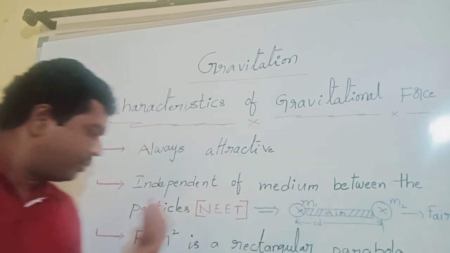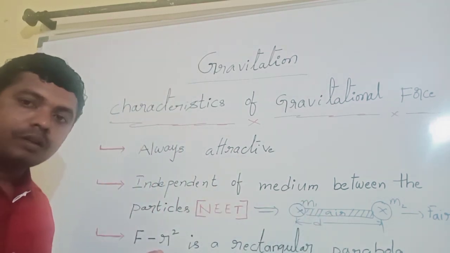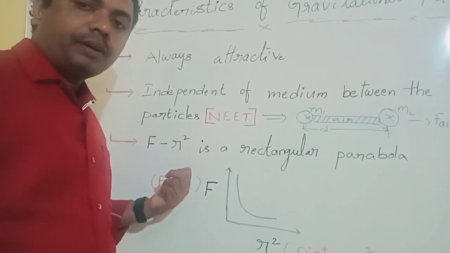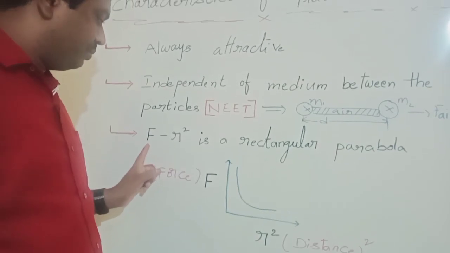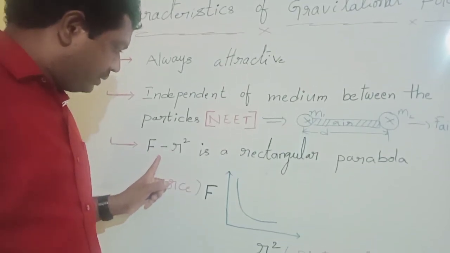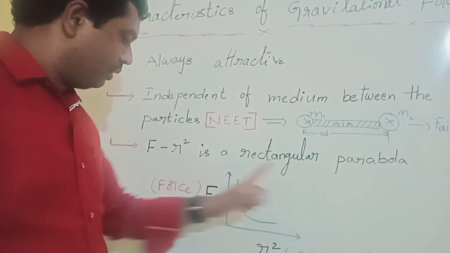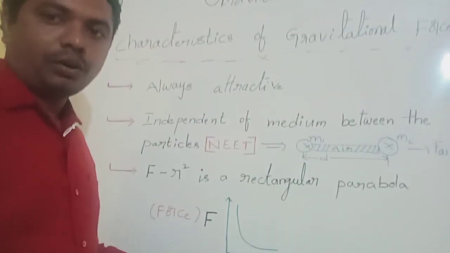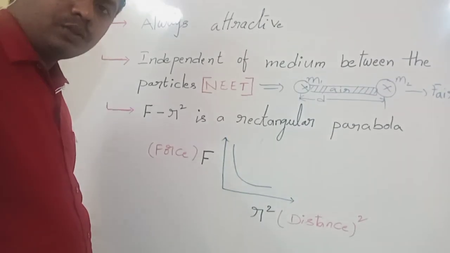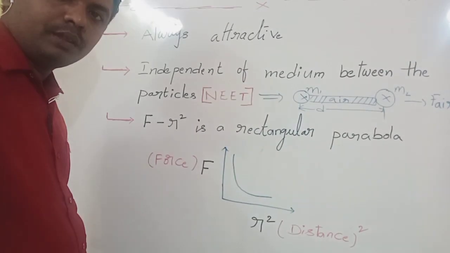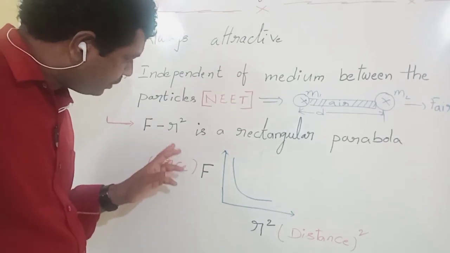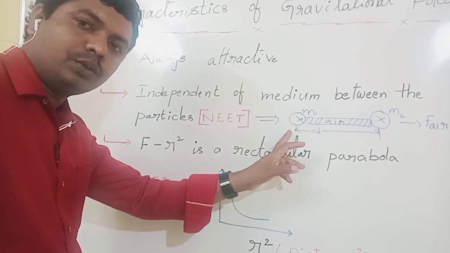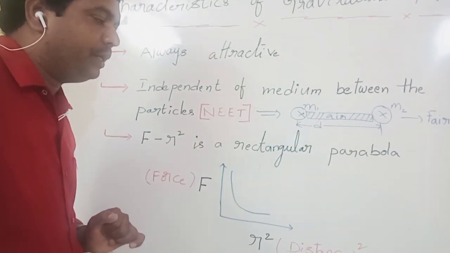The next point is that F versus r square is a rectangular parabola. What is the meaning of rectangular parabola? If you plot the graph of F versus r square, the graph looks like this, and it is called a rectangular parabola. If you introduce any media between these two, it won't change. Even if you introduce media between m1 and m2, there is no change in the force between the masses.